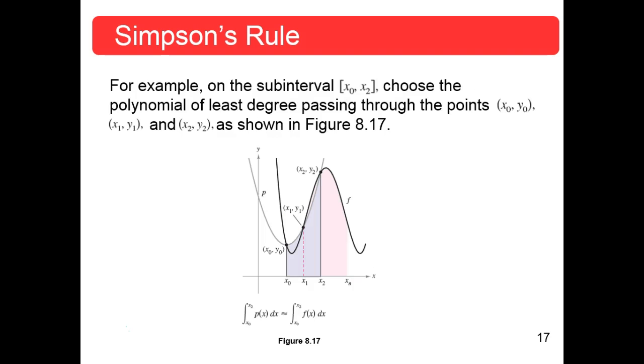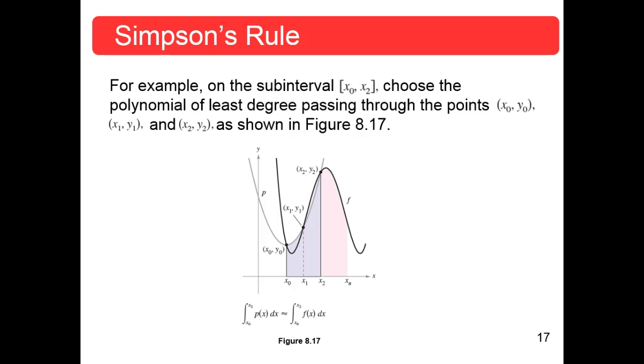Now, for example, on the subinterval 0 to 2, you choose a polynomial of least degree passing through the points. Choose a polynomial of least degree passing through the points x0, y0, x1, y1, and x2, y2.